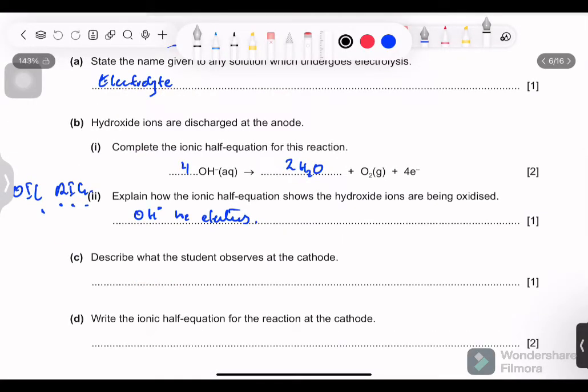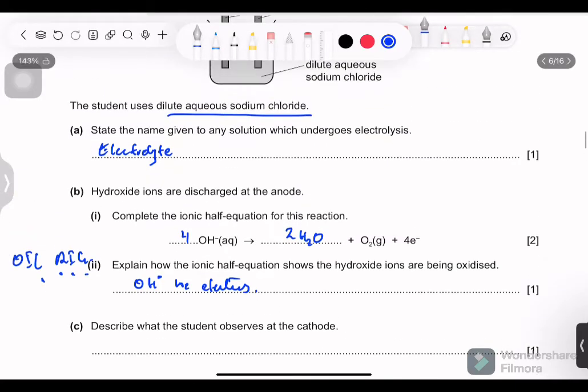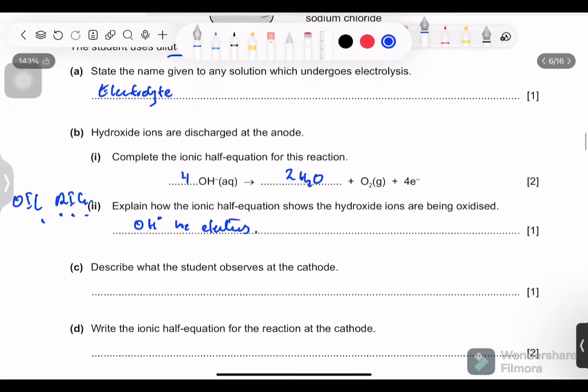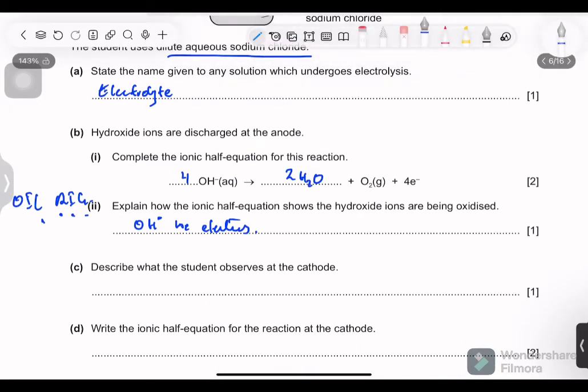Hydrogen will be produced at the cathode because the cations we have are Na plus and H plus, and H plus is lower in the reactivity series than sodium. The lower the substance, the easier it is to be discharged at the respective electrode. So the observation will be just fizzing because hydrogen is colorless. So there will be colorless fizzing only.